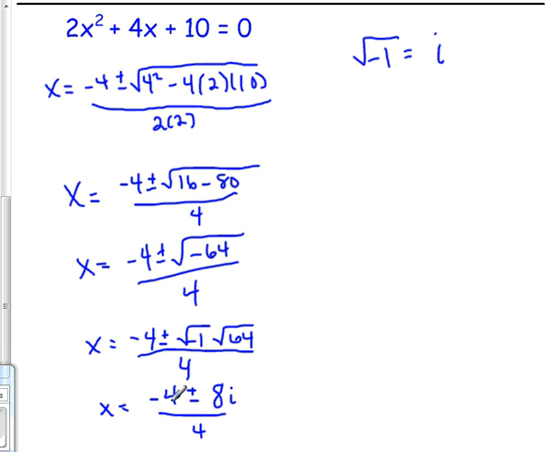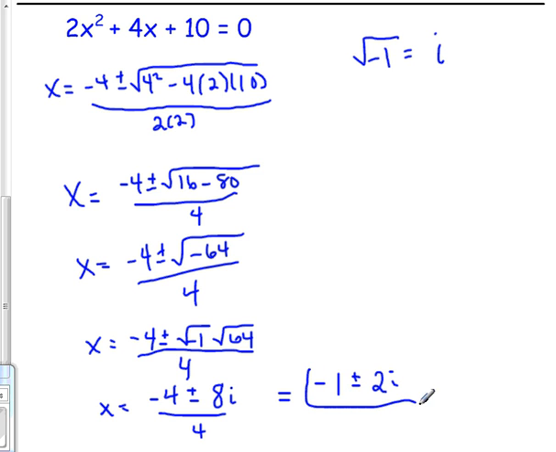Then we can simplify this. Negative 4, 4, and 8 are all divisible by 4. We divide all these by 4 and get negative 1 plus or minus 2i over 1, or we can just leave it like this.